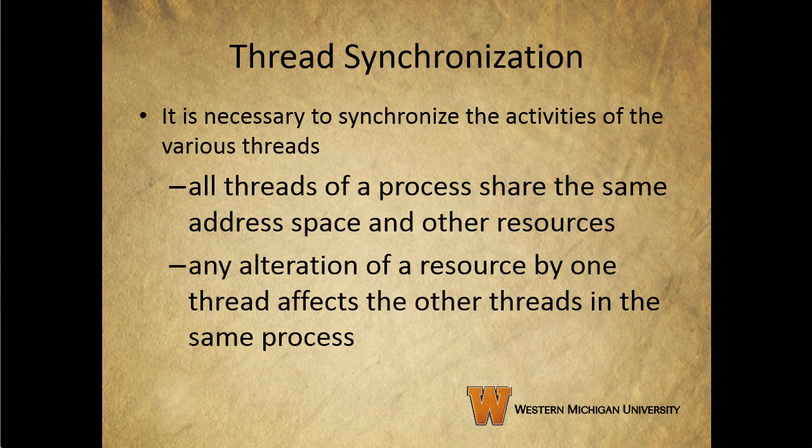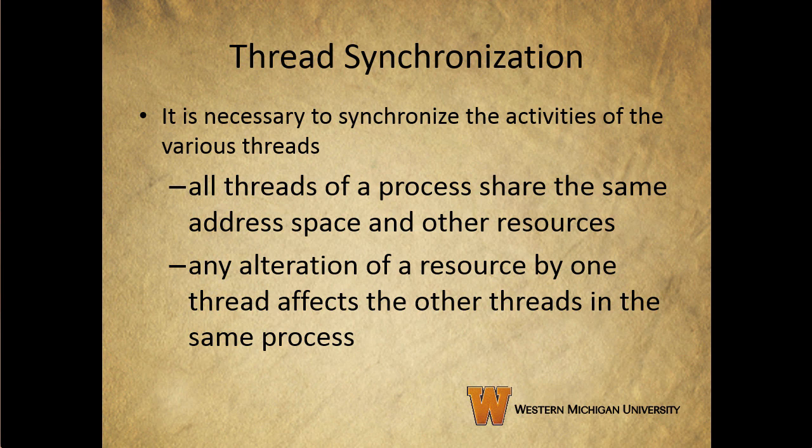Finally, it's important to understand that we need to deal with synchronizing the activities of various threads. Because all the threads of a process share the same address space and other resources of the process, any alteration of a resource by one thread affects the other threads in the same process. This can cause various problems.